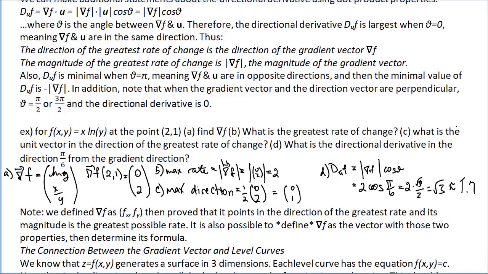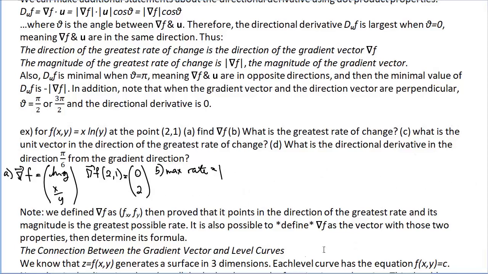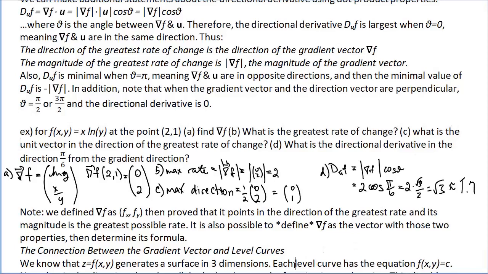If we imagine that we have, first of all, the function z equals f of x, y, we know that the graph of that requires x, y, and z, so it requires 3 dimensions. Now, from this, we could also have level curves. So a level curve would have the equation f of x, y equals c. That formula only has 2 variables in it. That could be graphed in 2 dimensions.